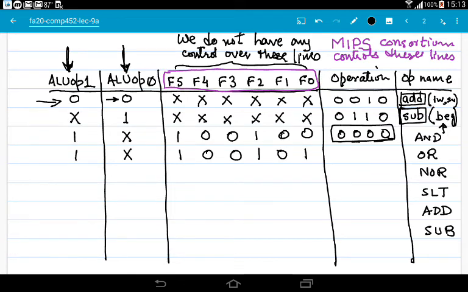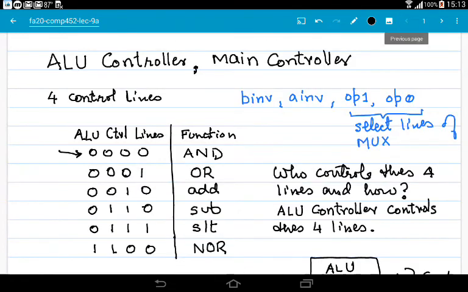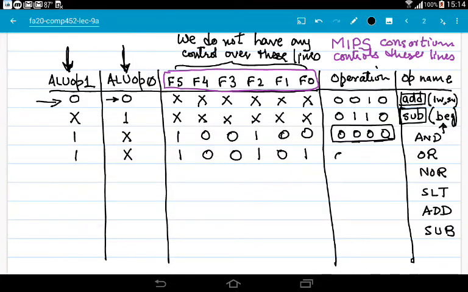Now we want to perform the OR operation, so let's go back and see. These are the ALU control lines for OR operation: 0001. So we come here and we write 0001.